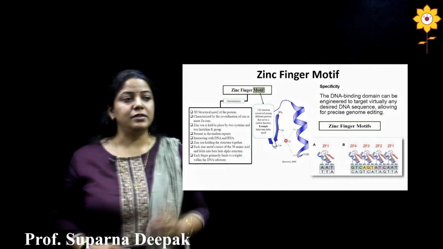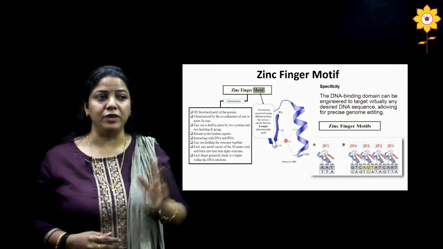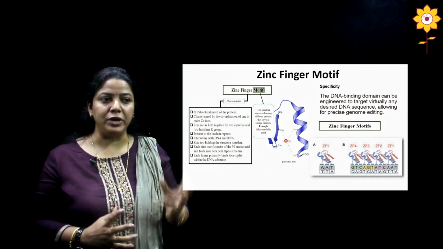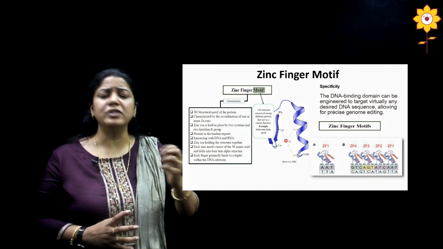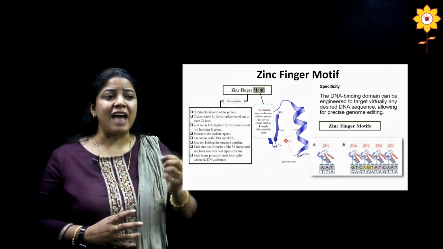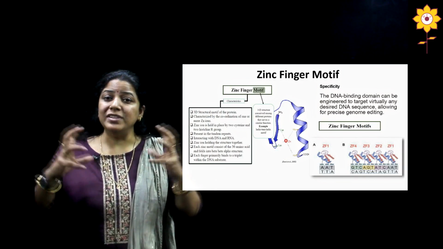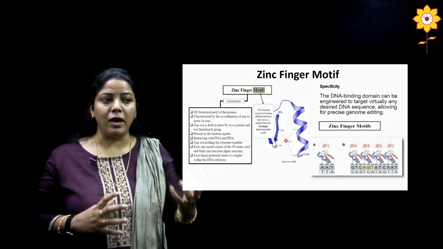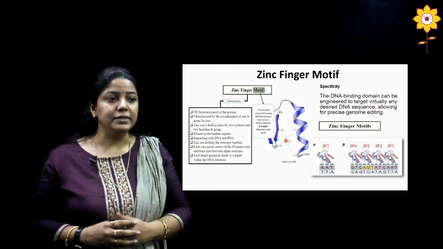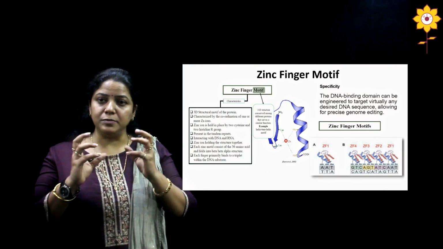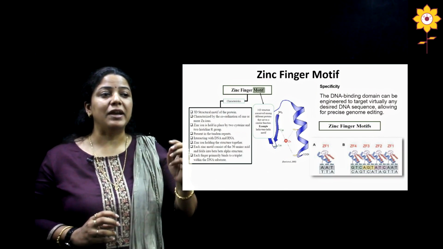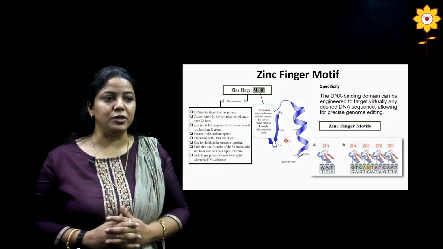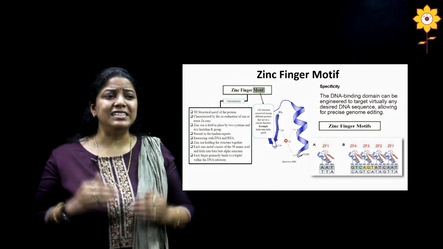So let us first understand what a zinc finger motif is. These zinc finger motifs have a 3D structure. It's a protein. Why is it called a zinc finger? Because it has a zinc ion which holds the structure together, and it is very important to recognize a particular DNA sequence. This zinc ion is held in place by 2 cysteine and 2 histidine R groups within this structure, and it is present in tandem repeats.